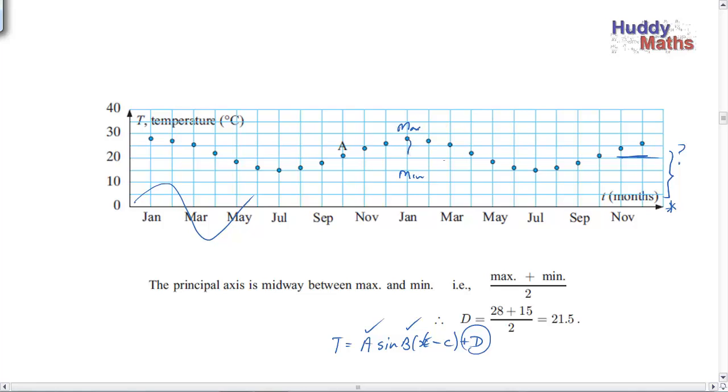Right, somewhere in the middle there. Where is the middle of two numbers? The middle of two numbers is their mean or their average. Max plus min divided by 2. So it's 21.5. If this is our actual max and min on a regular basis, which we're taking for granted in this particular work. So we've found D now. The model's going well. We've only got C left to do.